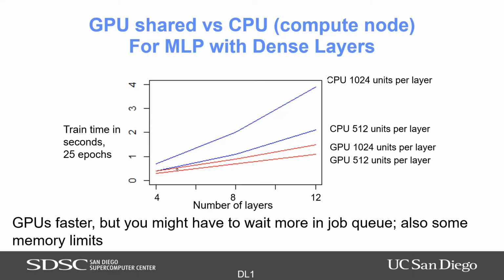As you can see on a GPU, with more layers I'm just getting a linear increase, there's no nonlinear increase in the amount of time. So it's running really fast on the GPU. But again, the wall time doesn't make a big difference for one job unless I'm going to run a lot of these. But that's the kind of thing you might come across.